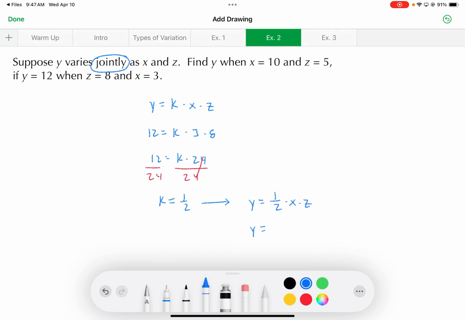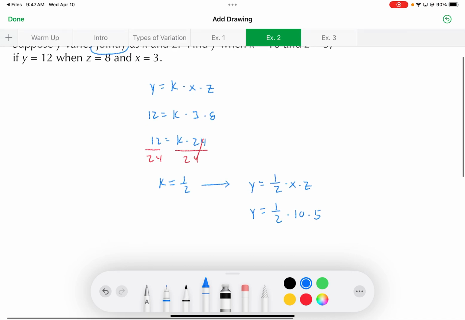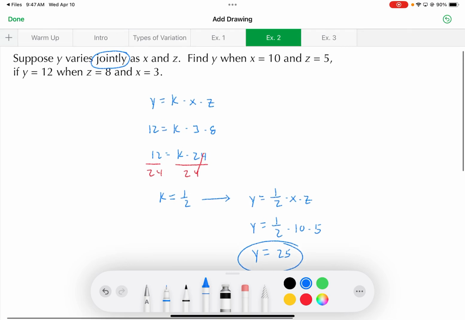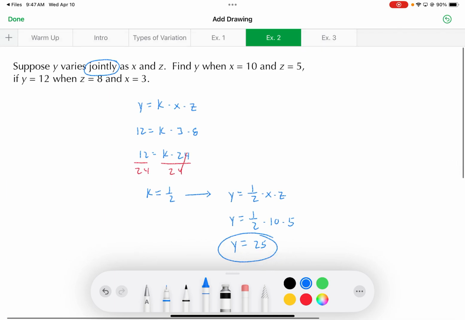Now let's get y when x is 10 and z is 5. That's going to multiply out to 25. Questions there?